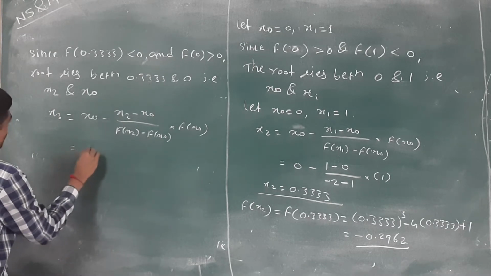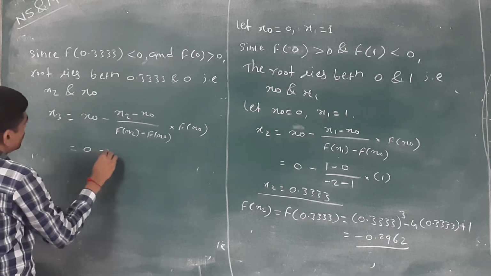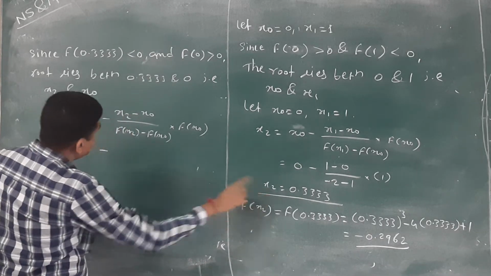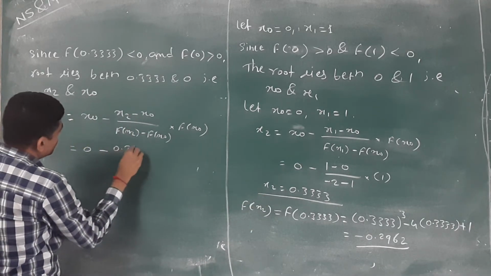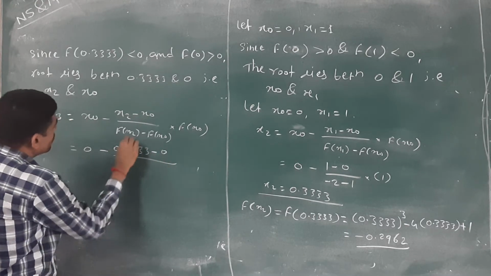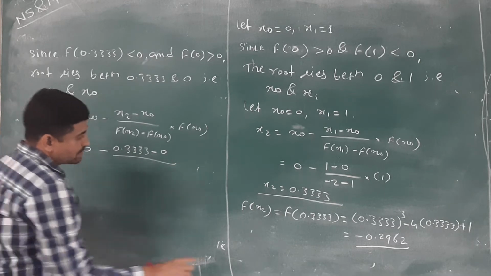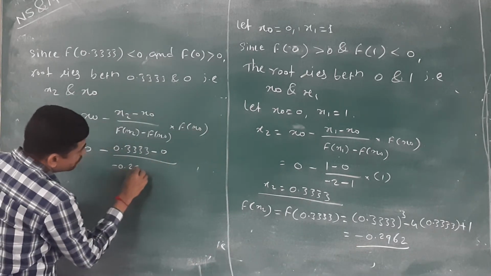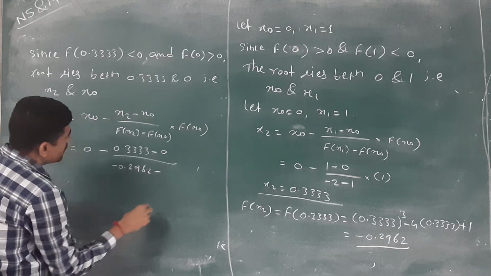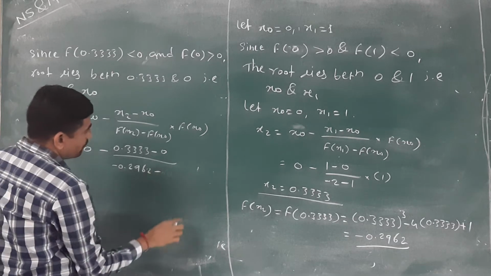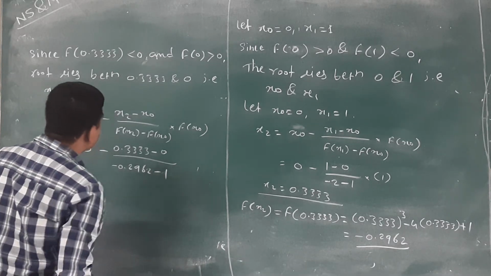Okay, what is the value of x0? 0, minus, what is the value of x2? We found 0.333, minus 0, divided by, what is the value of f of x2? Minus 0.2962, minus, what is the value of f of 0? It is 1, right? Check that, 1 is there.